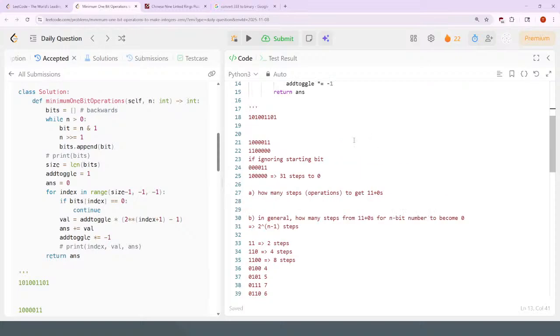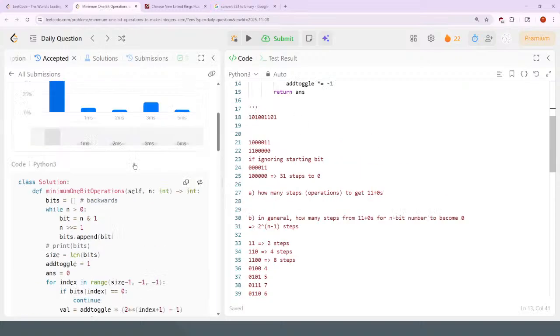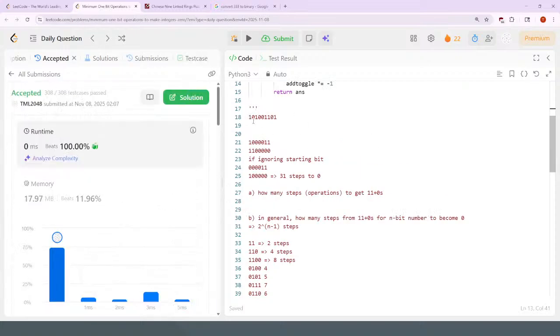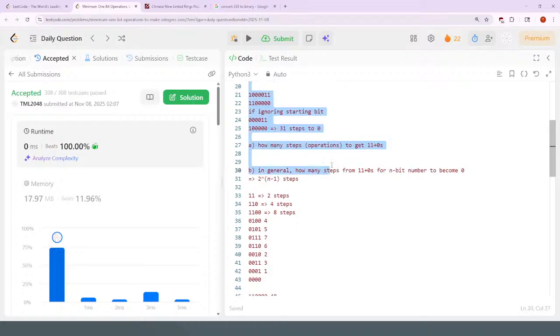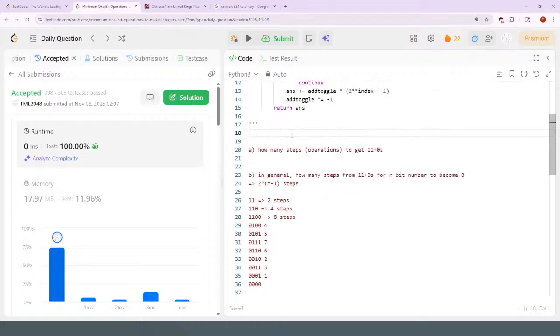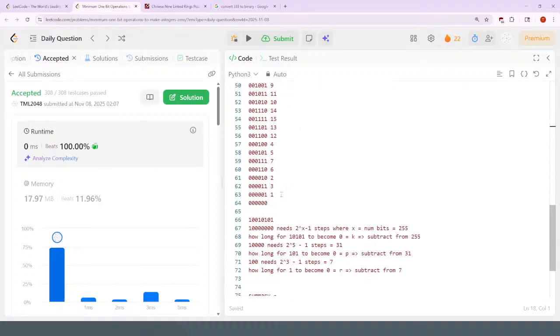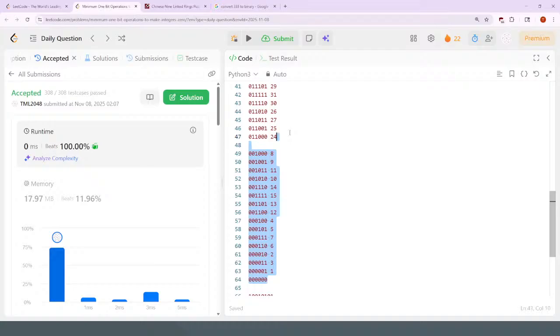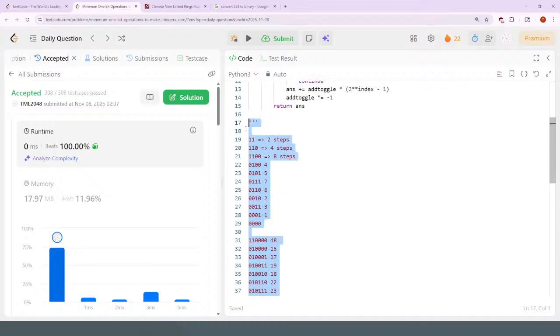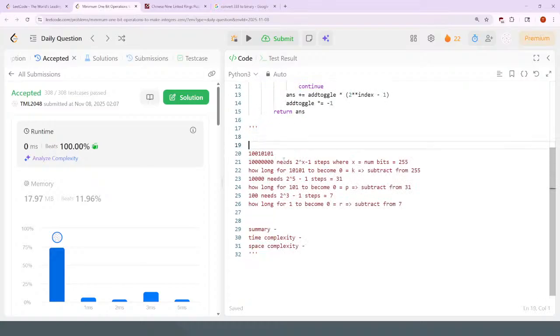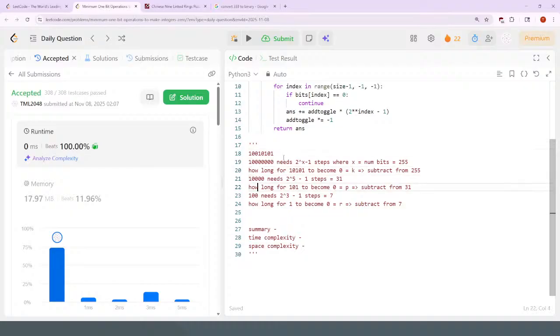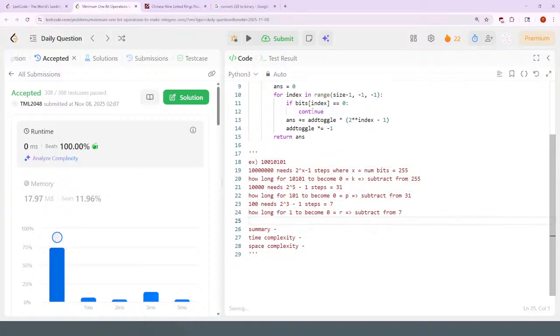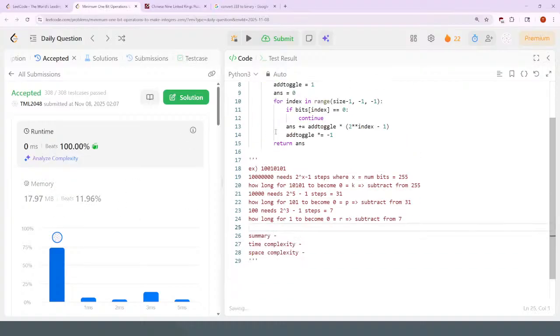Okay. And I'm guessing it's going to be the same speed. Wow, that was a lot of stuff. Okay. Alright, I think I'm going to leave it like that.